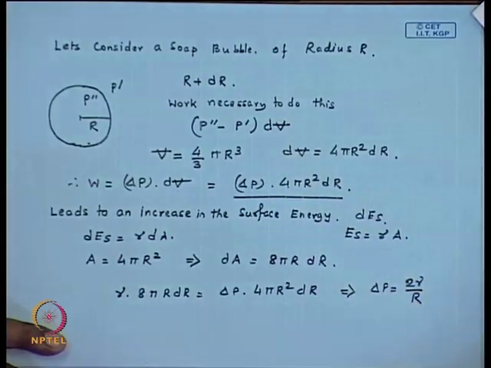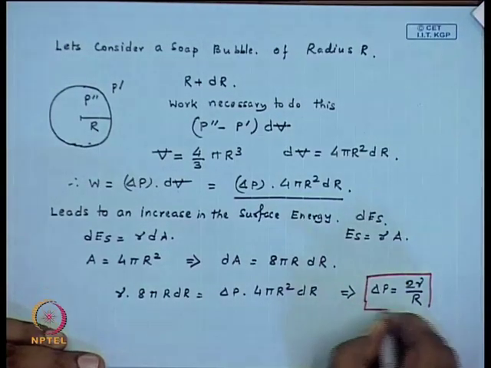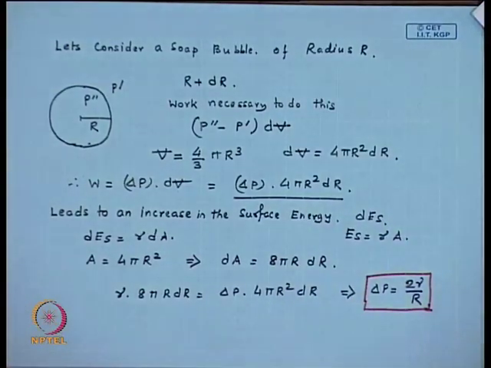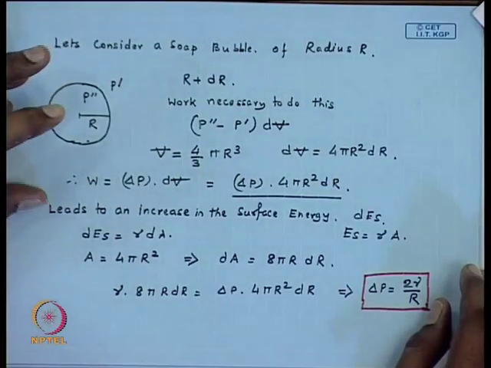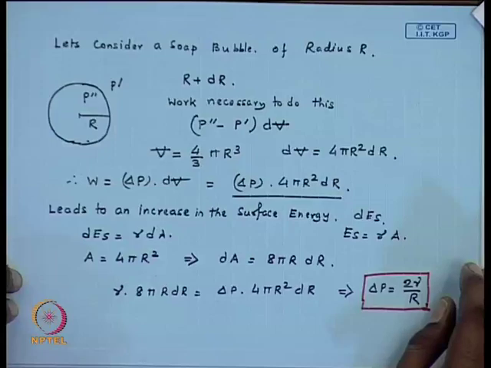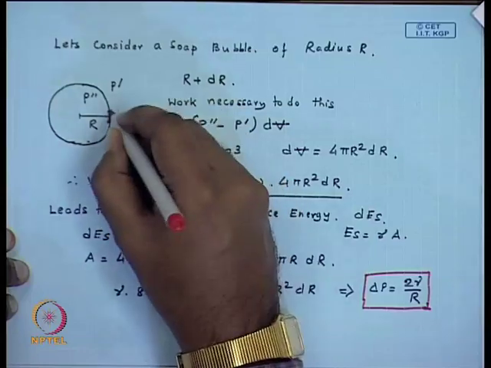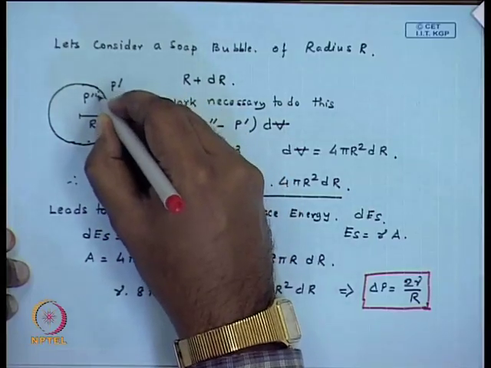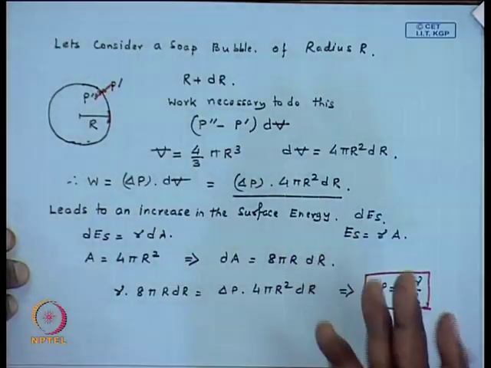So, the first thing to note is delta P is non-zero, and for a spherical object it is 2 gamma divided by r. So, therefore, even at a mechanical equilibrium across a curved surface, there is a pressure gradient, or the pressure within the meniscus or within the liquid and outside the liquid, right on the other phase, is not the same.